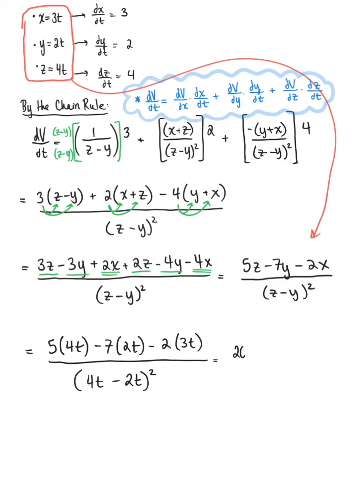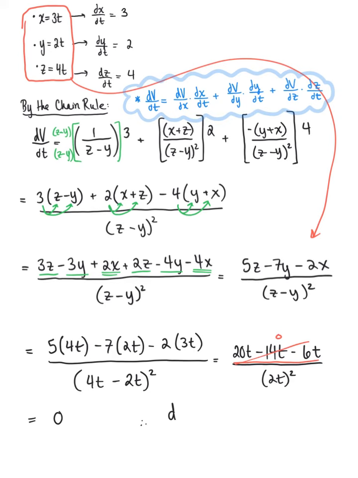We have 20t minus 14t minus 6t all over 2t squared. And would you look at this, our numerator goes to 0. Everything cancels out, so we have 0 over 2t. This whole term goes to 0. So 0 divided by 2t just leaves us with that beautiful final answer of 0.